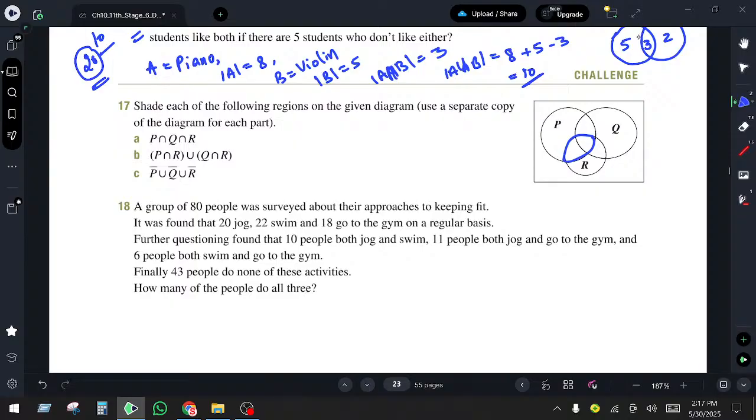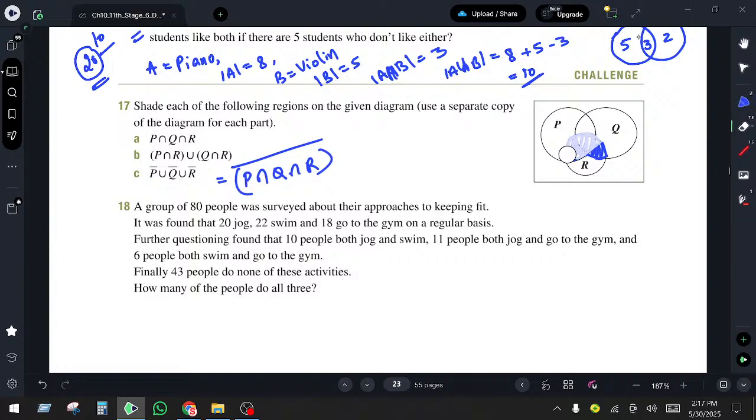Union Q intersection R means Q intersection R, this is the portion. Union means the total portion. And it is Q complement union, P complement union, R complement. You can also write it as P intersection Q intersection R, whole complement.